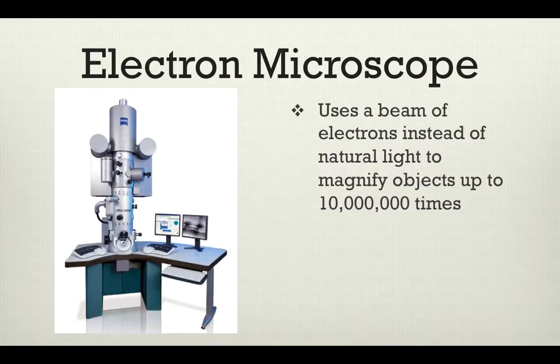As a result of this method, electron microscopes can see objects up to 10 million times beyond what the human eye can see. So 10 million is far greater than 2,000 with what the light microscope can do. And we can really see high clarity, high resolution images with electron microscopes.